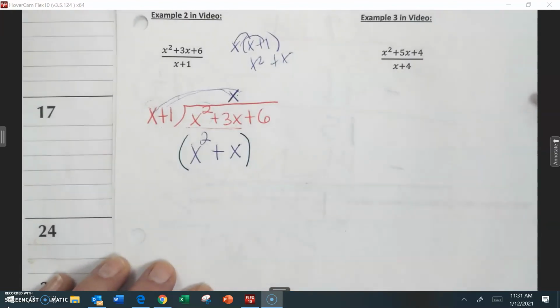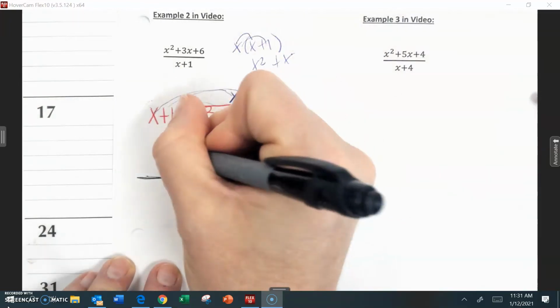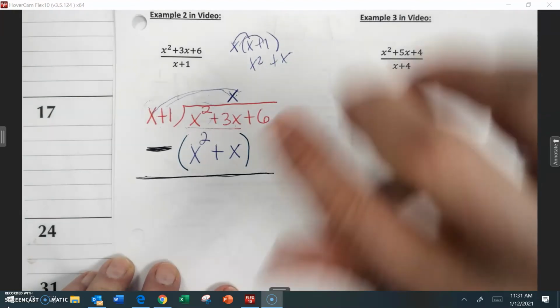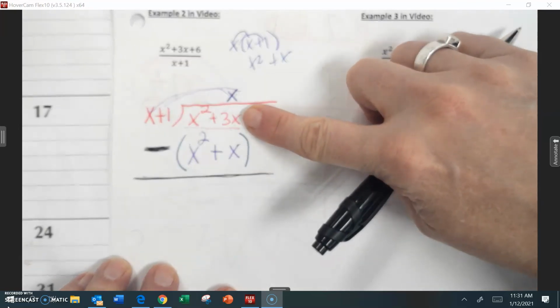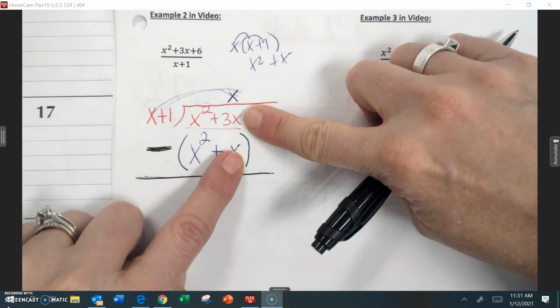Now watch. Immediately, I need you to do this. It's no longer a monomial, and here's why. You're going to hear us say, draw the line, change the sign. Well, draw your line, and we're going to put a big fat subtraction sign right there. You always subtract. Now, this gets hard for people because they don't realize that we're taking a binomial and dividing it by a binomial.